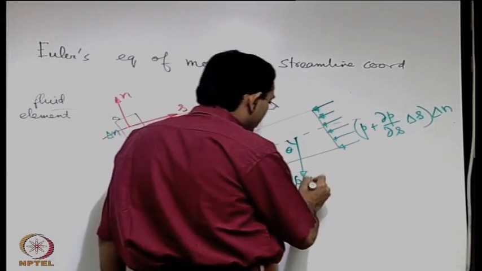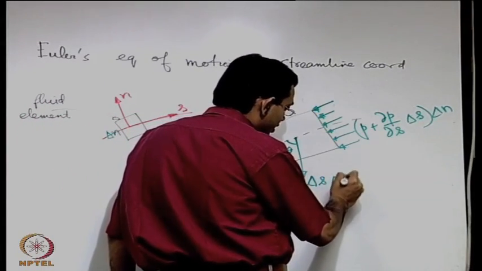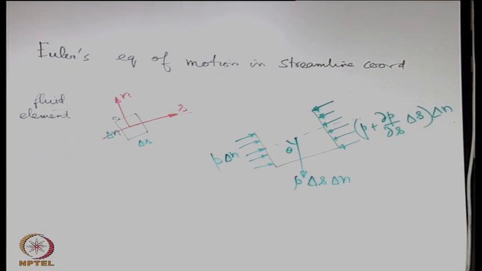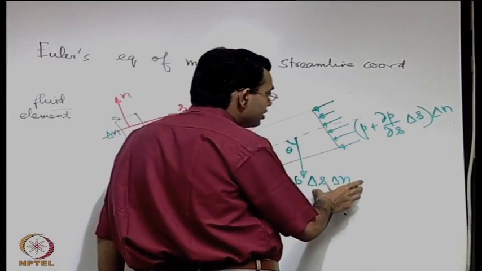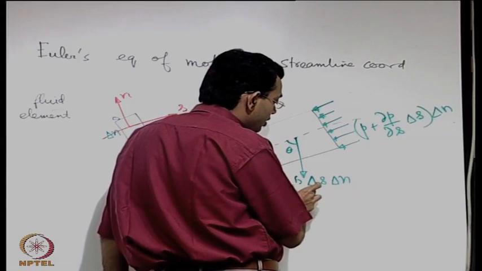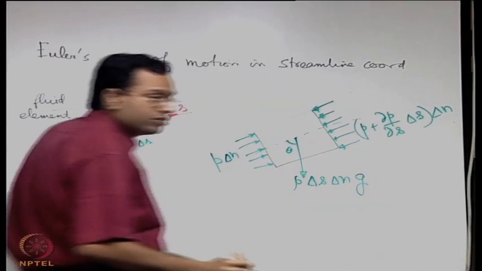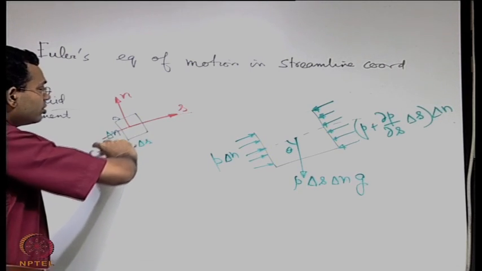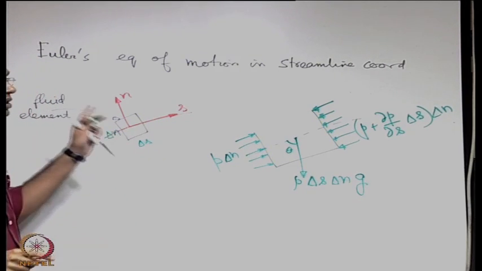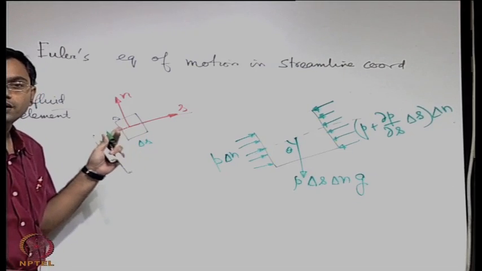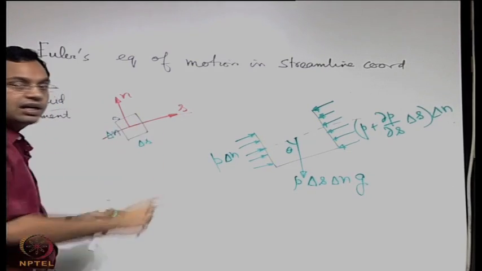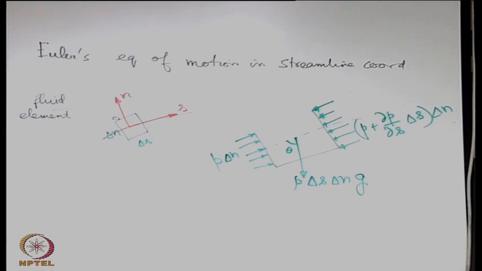So, delta S into delta n into 1 is the volume of the fluid element, rho into that is the mass, and that into g is the weight. One important thing is, although this is a curvilinear coordinate system, remember this is not a rectangular coordinate system, but when you take small elements this almost behaves like a rectangle. That is one of the advantages of taking a small element.